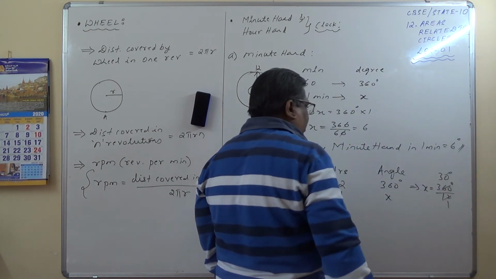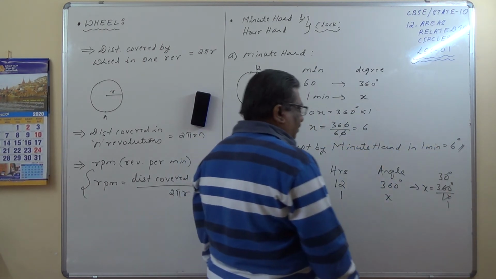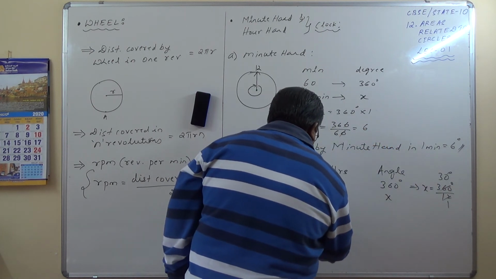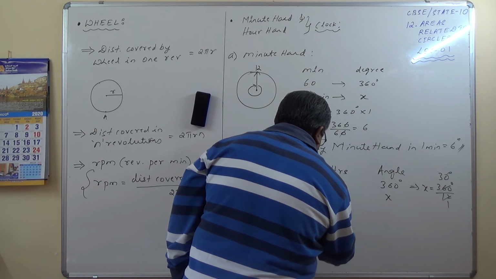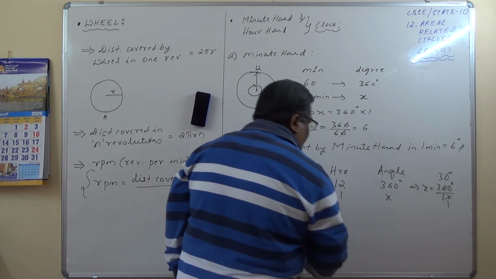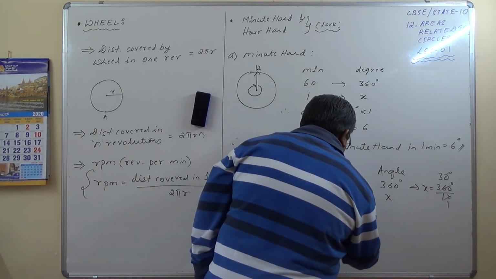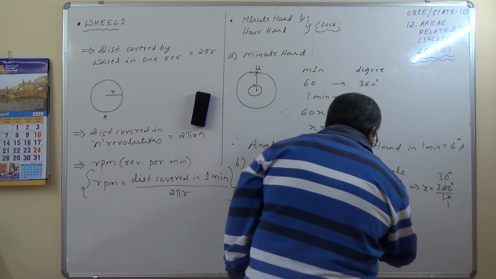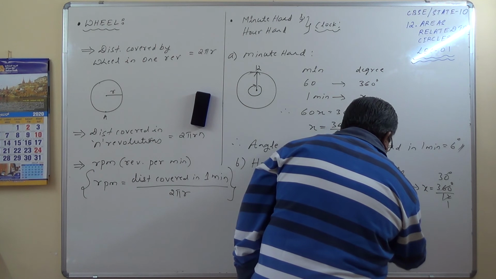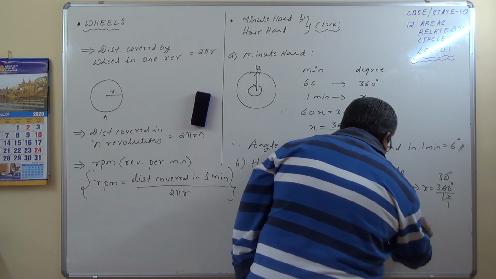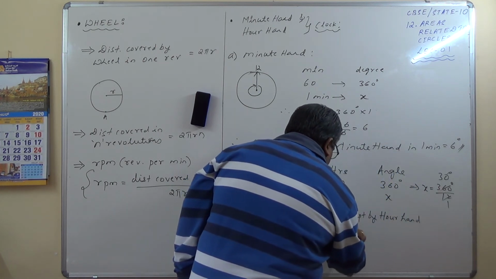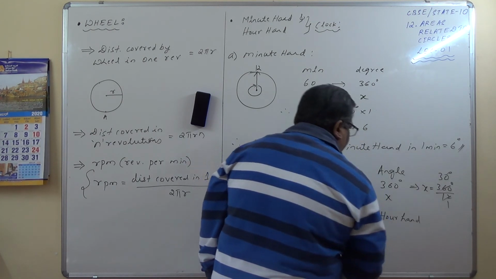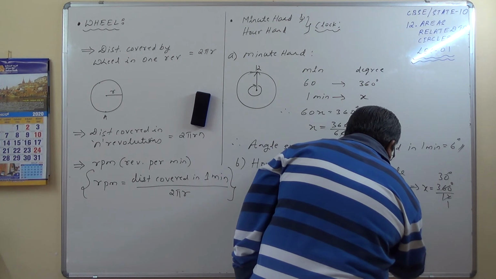And then 0, correct? So 30 degrees. Therefore I'll write here, therefore angle swept by hour hand in 1 hour is equal to 30 degrees.